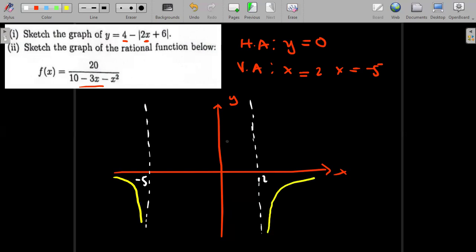Okay. Then we have our point where y is equal to 2. That's our intercept, y equal to 2, and as we can see here, this is a quadratic equation. So this graph is going to cut at y equal to 2. And this graph has no x intercepts, because when y is 0, we have 20 over 10 minus 3x minus x squared.